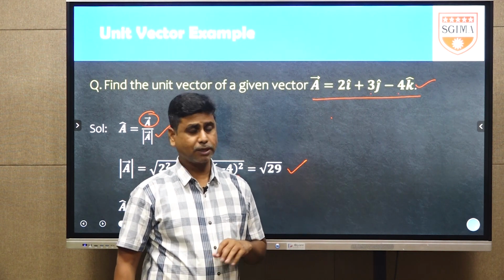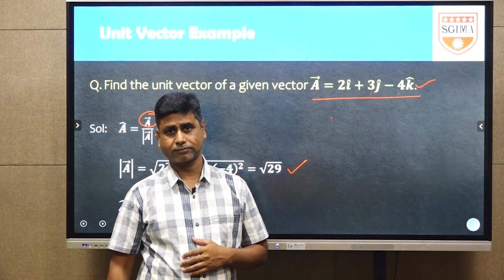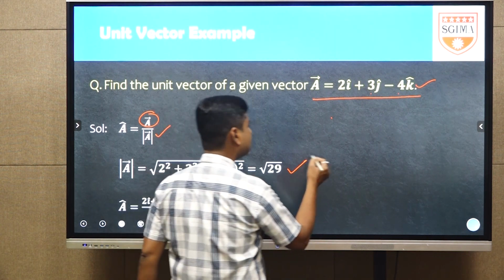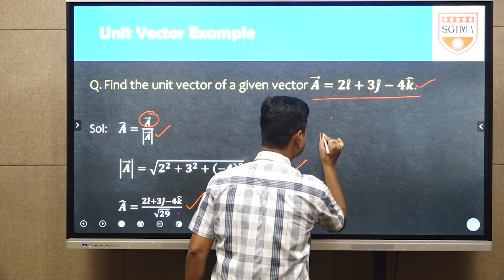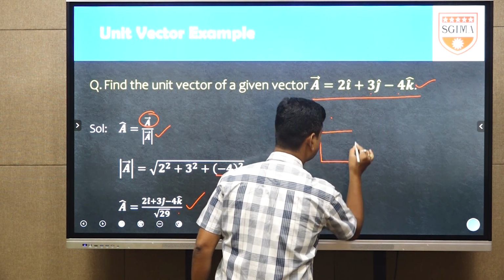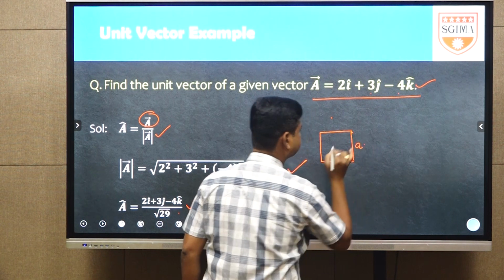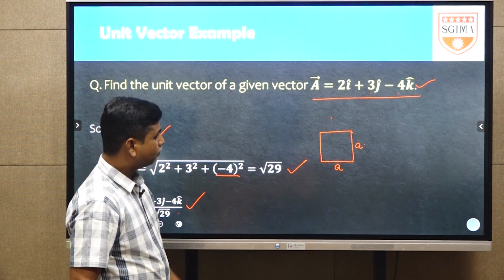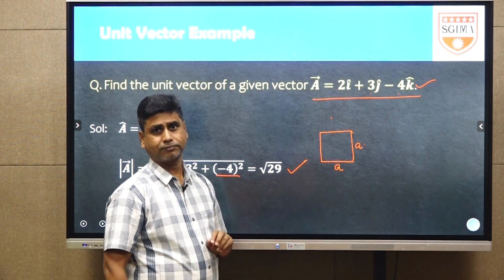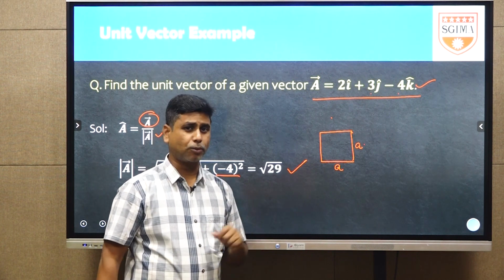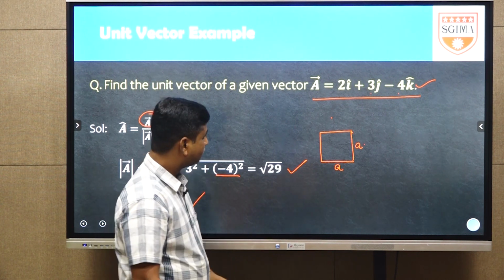Area is a scalar quantity because you calculate it as length into breadth. But take any shape, for example a square, where this side is a and this side is also a. It is a square plate, or a square shape.